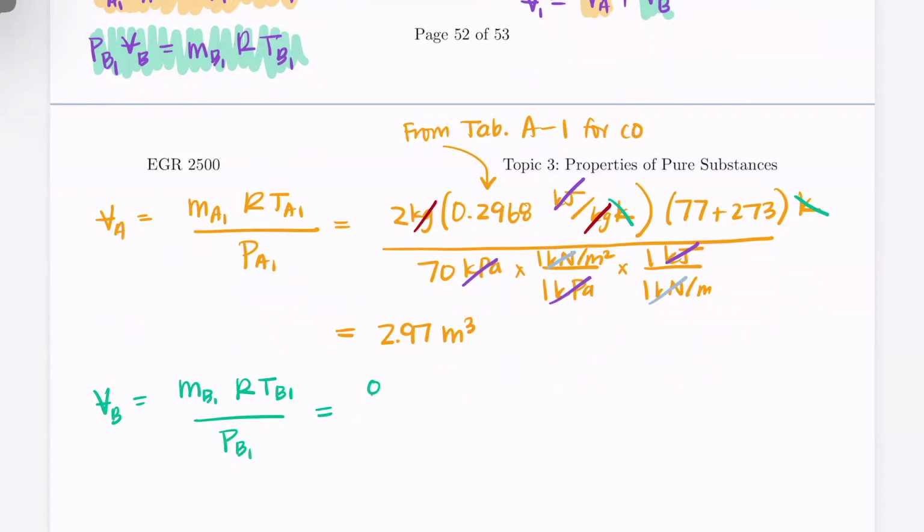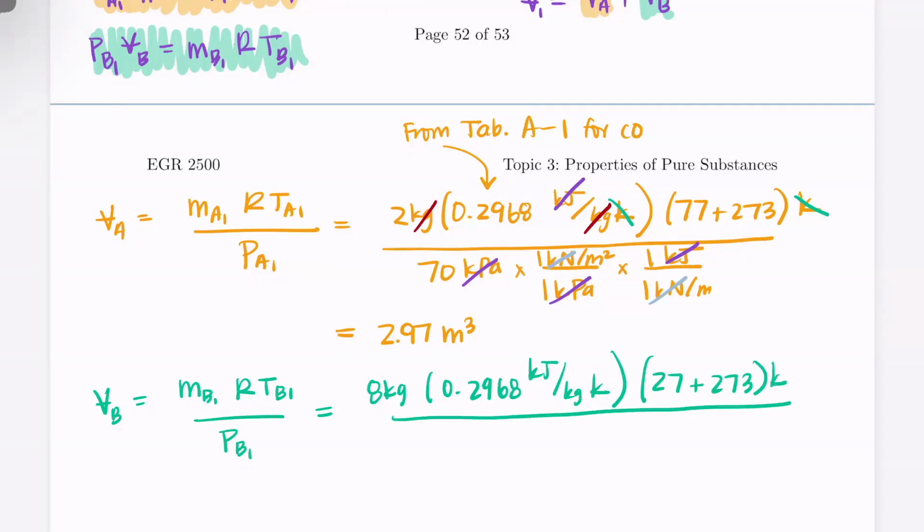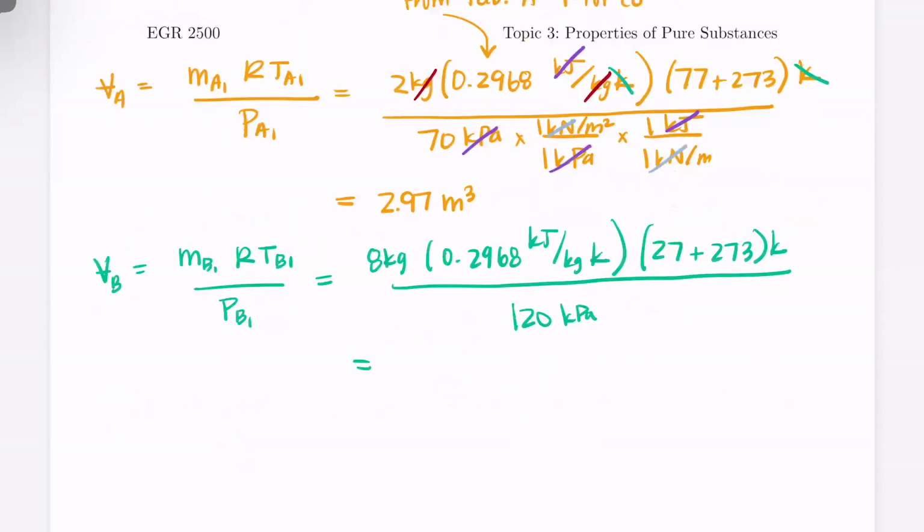All right, so we have 8 kilograms times 0.2968 kilojoules per kilogram K times TB1 is 27 plus 273 Kelvin divided by 120 kPa, and we get 8.91 cubic meters.